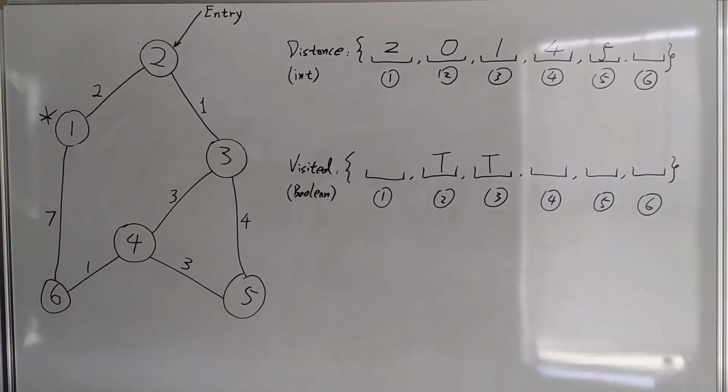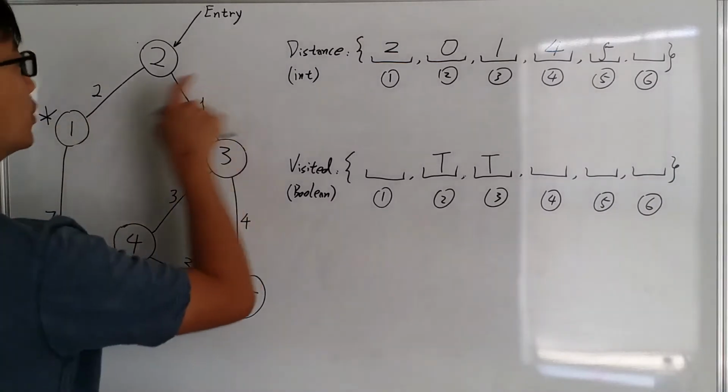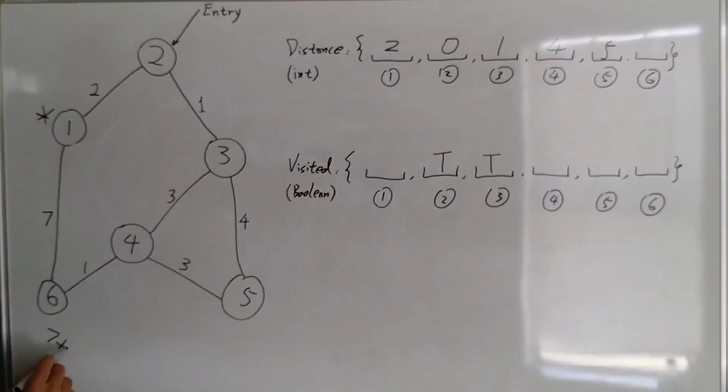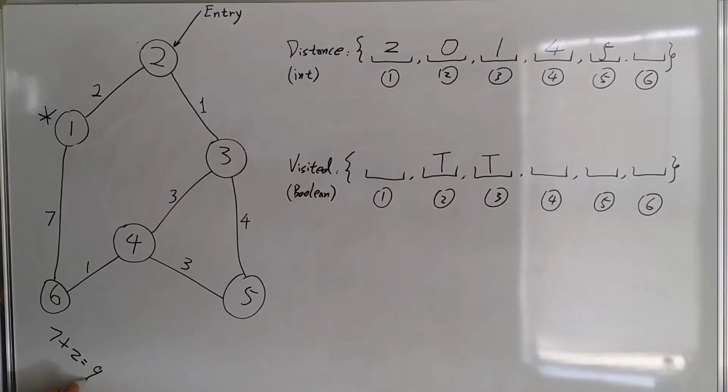So we can see the distance between the 1 and the 6 is 7. And then we have to add the distance at this point. The distance at this point is, so we can go to this array to find this one is 2. 9.